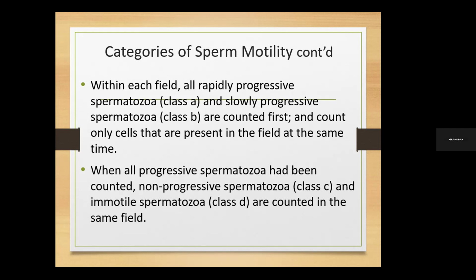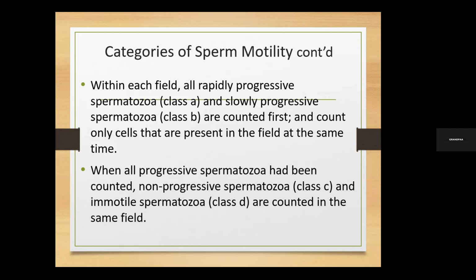You do this one first to get your total. All right, that's the total motility. Once you have gotten the total motility, you are now going to subdivide them. So you look at those that are moving very, very fast, and you estimate. These are all subjective. That is what you must remember.